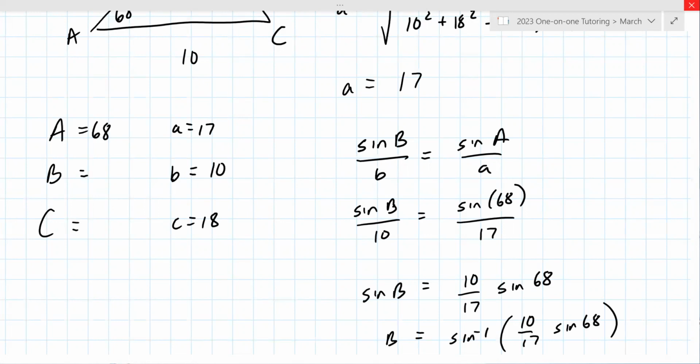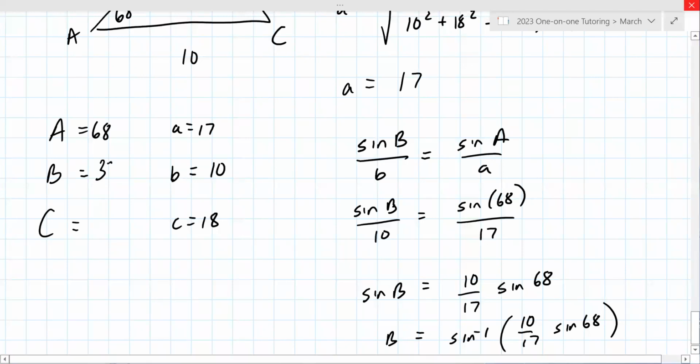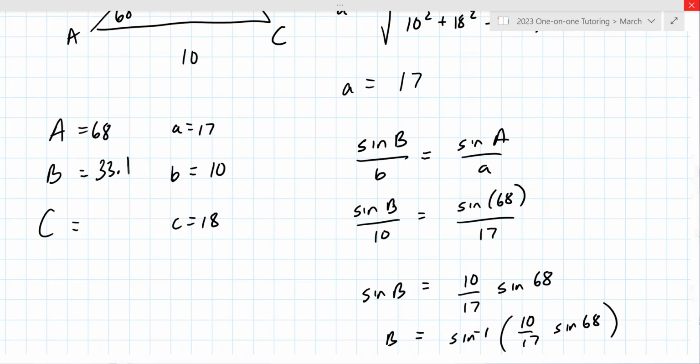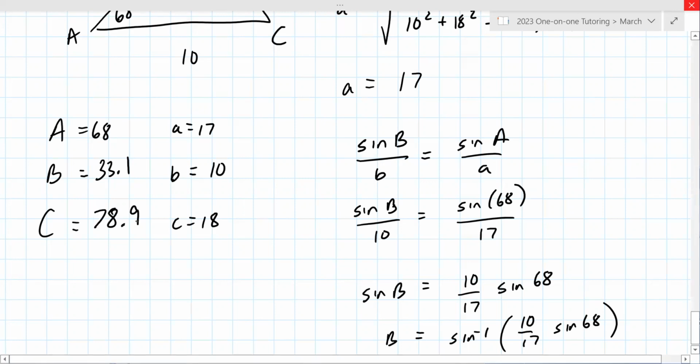You're a little ahead of me here. Give me just a moment to get the final calculation. Yeah, 33.1. And then you subtract the two given angles from 180 to get the last one. 78.9.